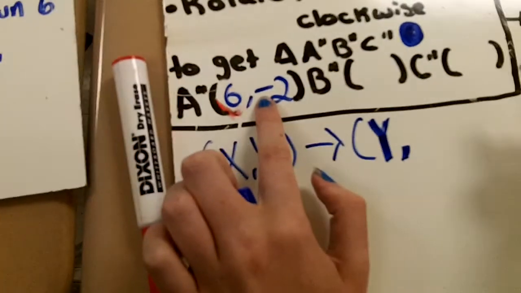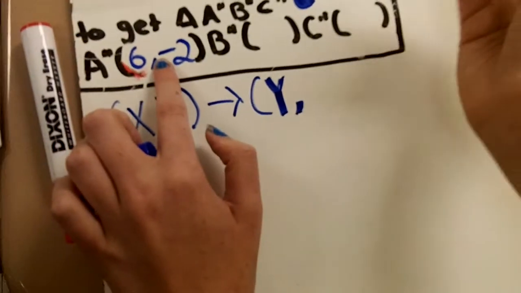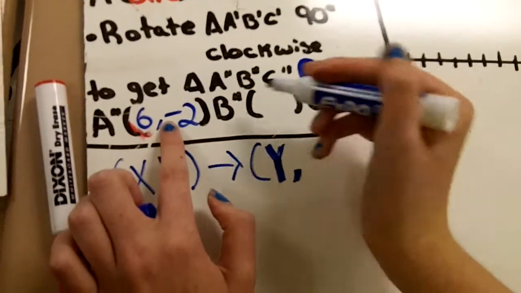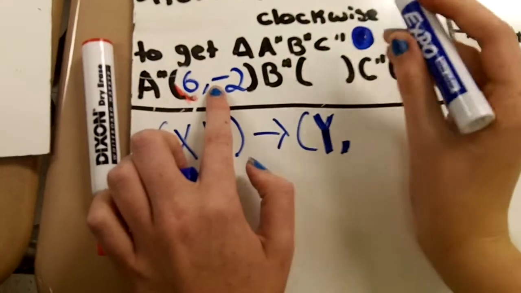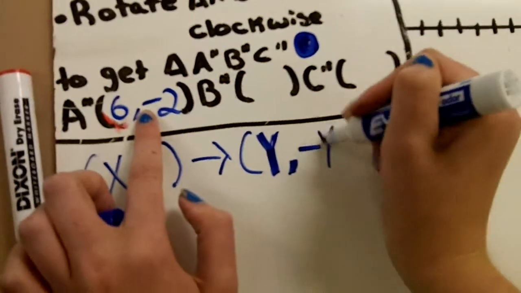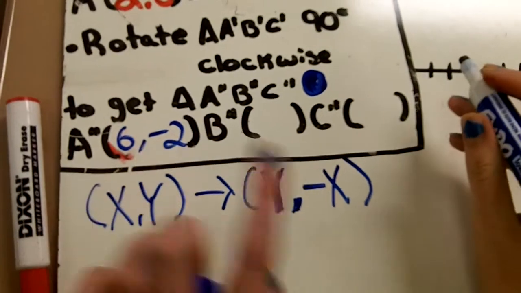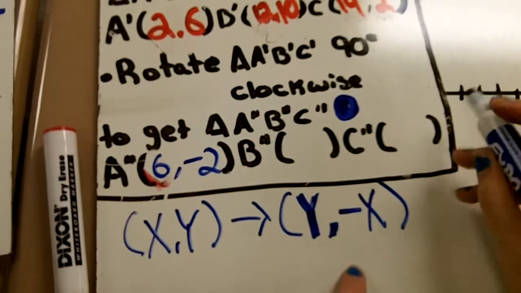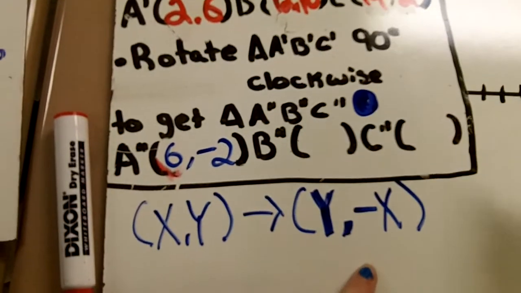So instead of regular x, we put negative x. And that is our rule that we can follow to figure out B double prime and C double prime.